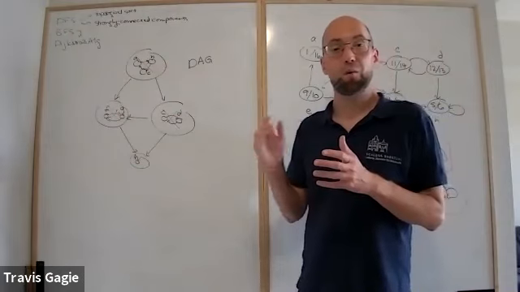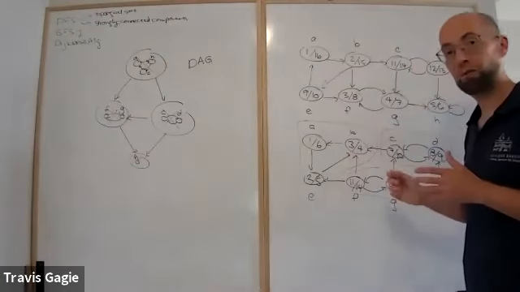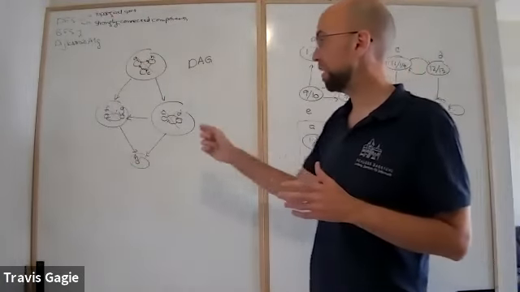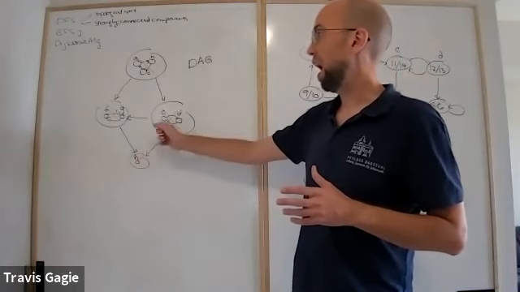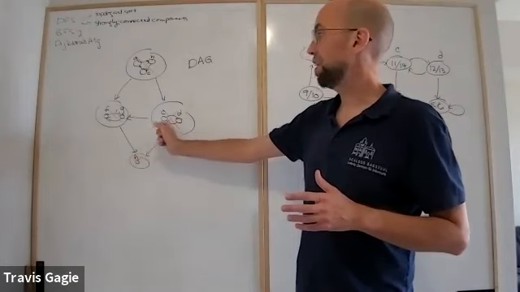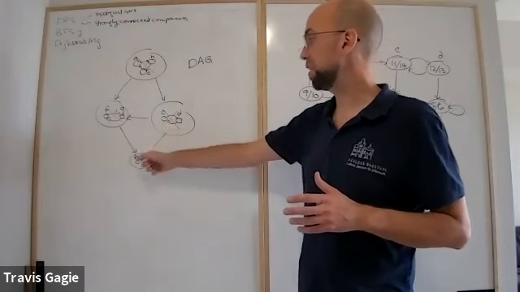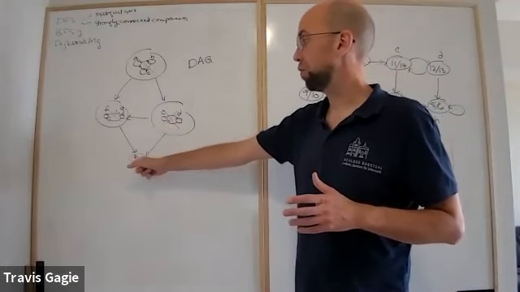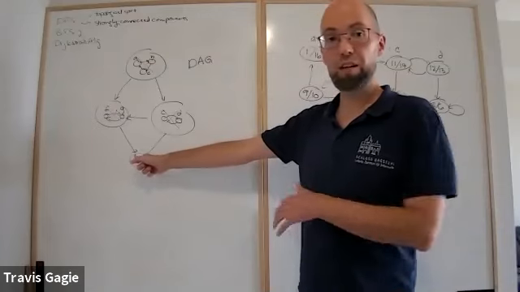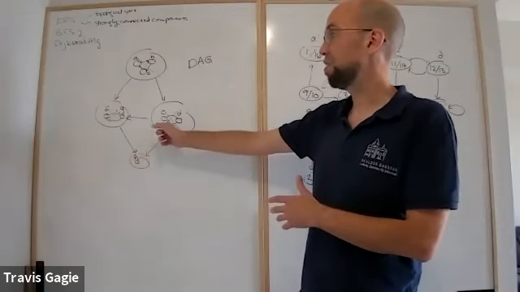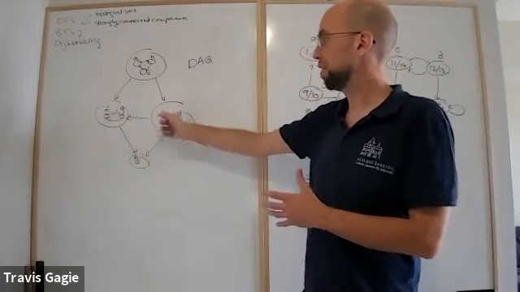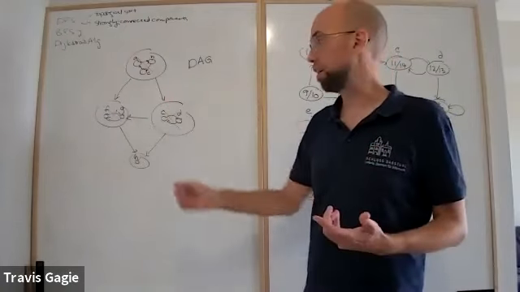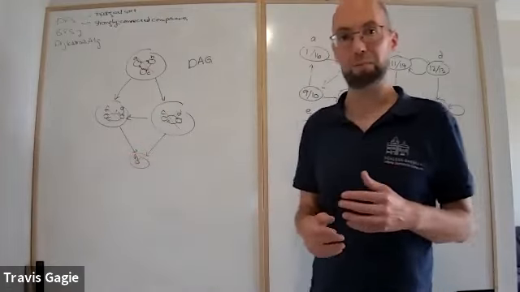When you're doing your DFSs in the transpose, you can't be starting at one of these where you could go from here to here, and you start your DFS in the transpose here when this hasn't already been done. This stuff in here is going to have a larger finish time than stuff in here. Why does that matter?